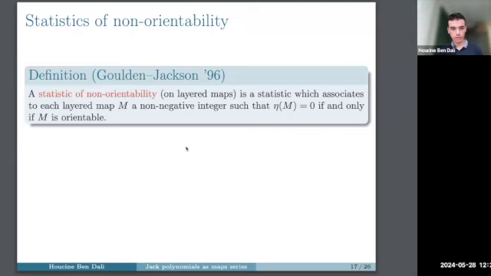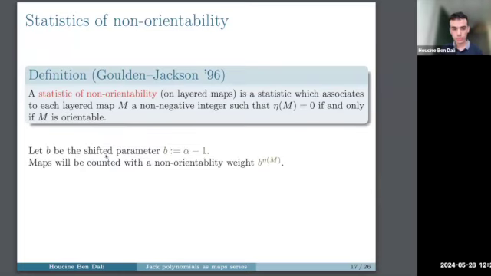How are these statistics of non-orientability defined? Here we are looking at statistics of non-orientability on the class of layered maps. We say that a statistic is a statistic of non-orientability if it assigns to each map a non-negative integer, with the only condition that this integer should be 0 if and only if the map is orientable.